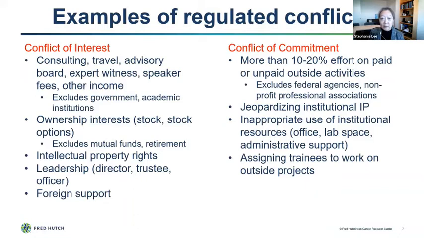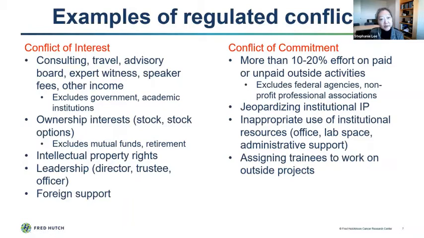In terms of conflict of commitment, this is usually based on time. And so more than 10 to 20% effort on paid or unpaid outside activities is considered a conflict of commitment. Fred Hutch, it's 10%, University of Washington, it's 20%. This excludes time that's given to federal agencies, so again, serving on that NIH study section, or nonprofit professional associations. You could also have a conflict of commitment if you do something to jeopardize institutional intellectual property.